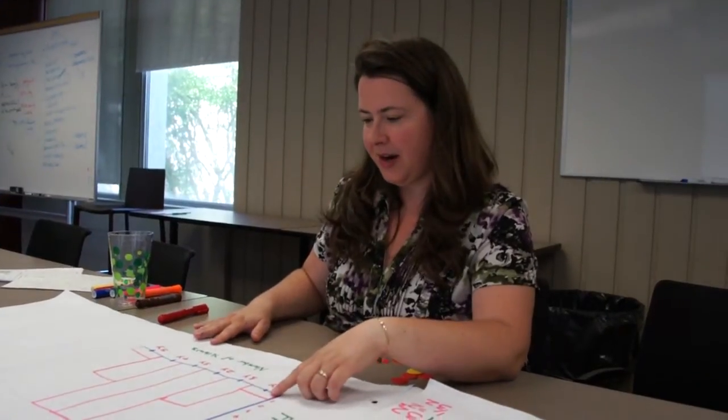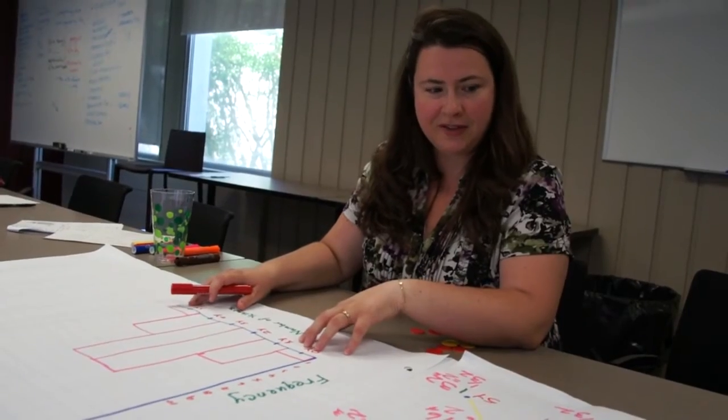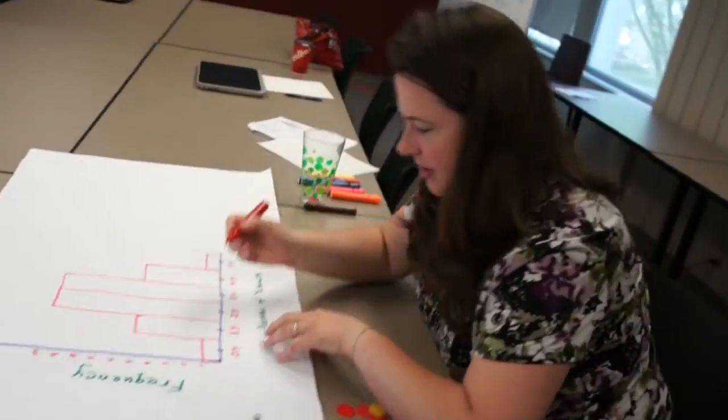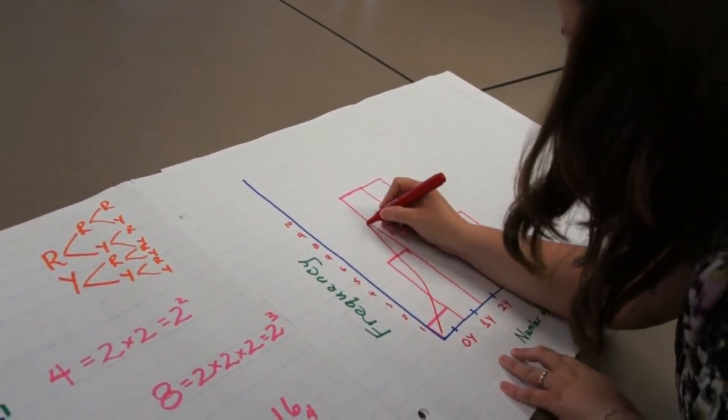Okay, so we see this nice symmetry in the graph. We saw it there, but now we can visually see it in the graph. And if I were to draw a smooth curve through this, it might look something like this.